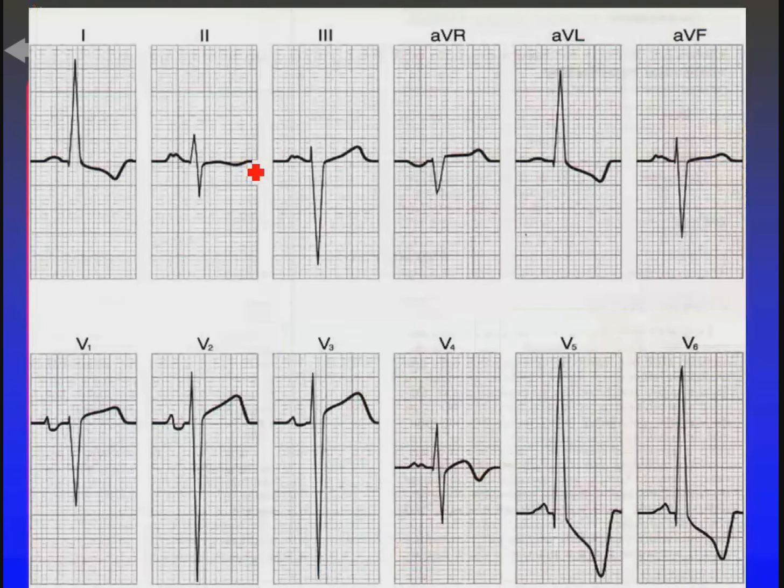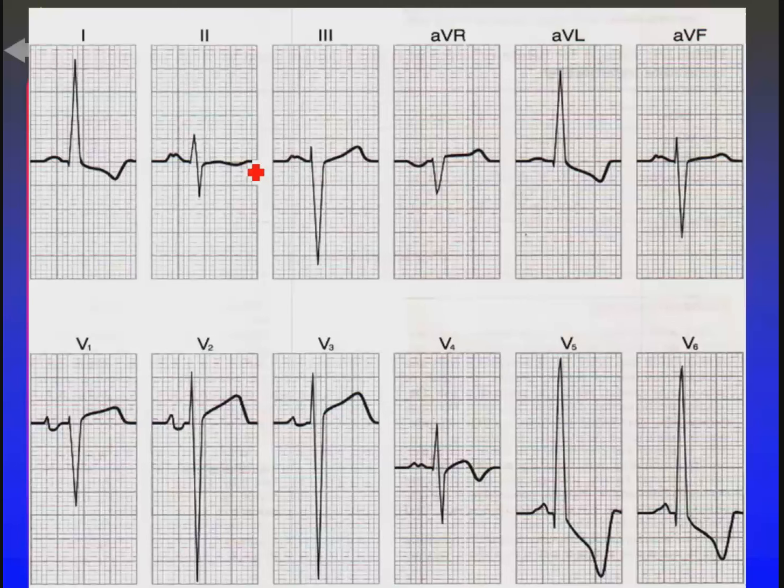So what's my deviation? Do I have any axis deviation here? What leads do we look at? 1 and AVF. That would be to the right. Right? No, left. Lead 1 is going up this way.